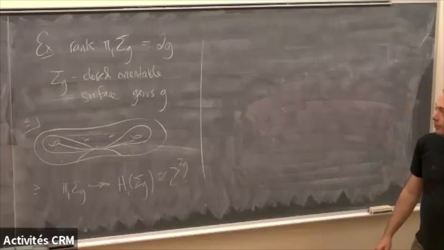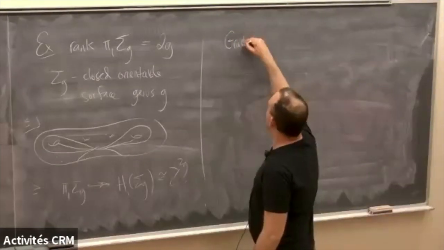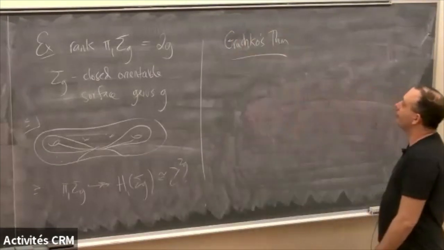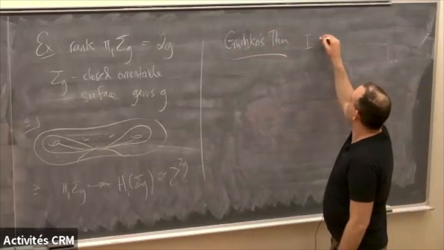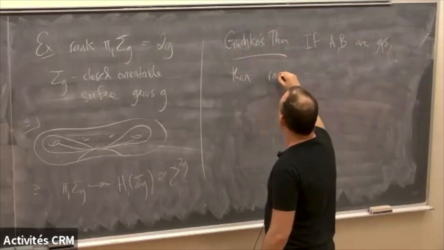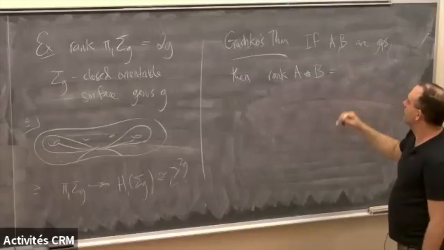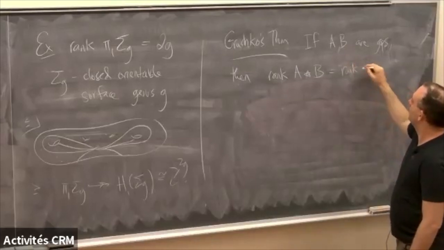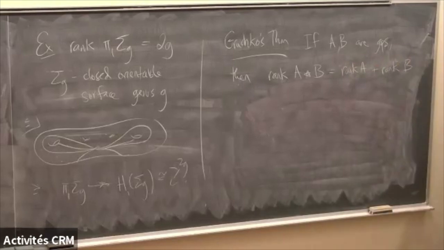For a first non-trivial result, we have Grushko's theorem. This says that if A and B are groups, then the rank of the free product of A and B is the rank of A plus the rank of B. This should not be too surprising.